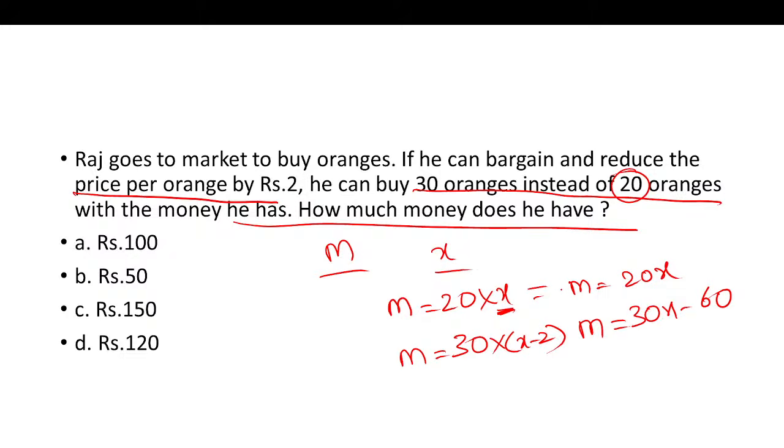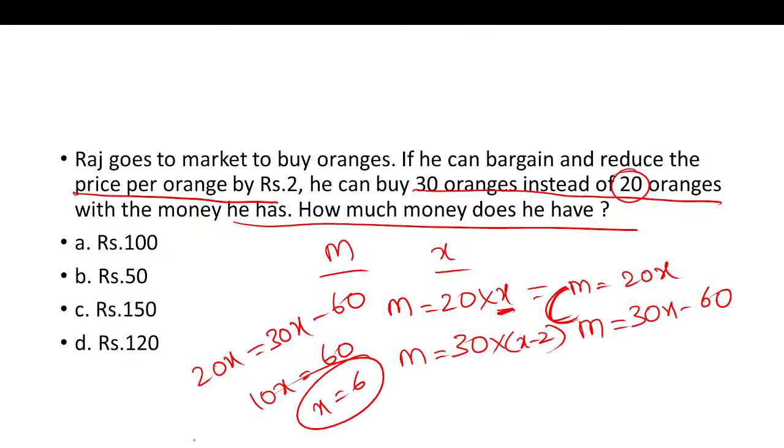In both the cases the money is the same. The amount he has is same. For that purpose I will do 20x equals 30x minus 60. Okay, 10x equals 60, x equals 6.